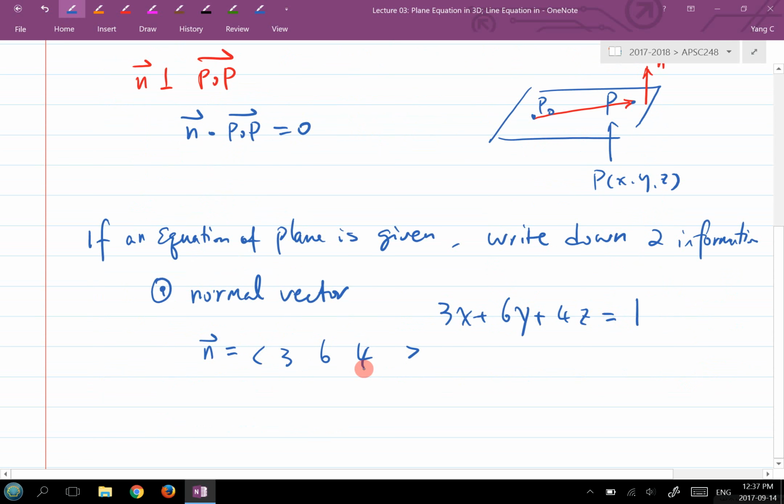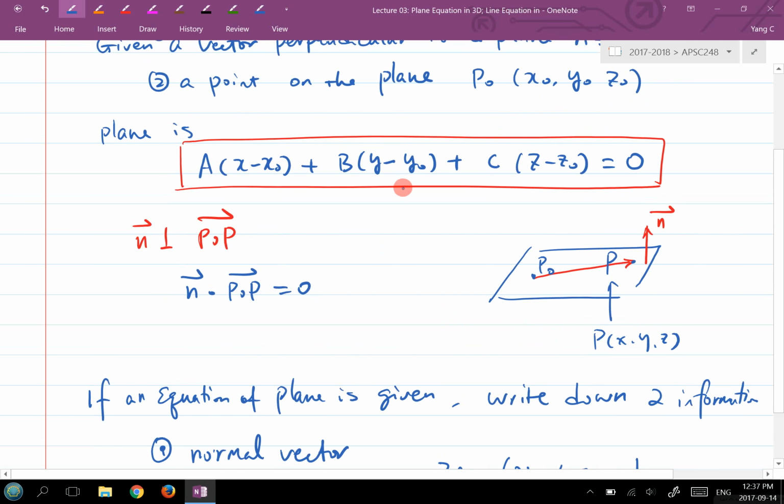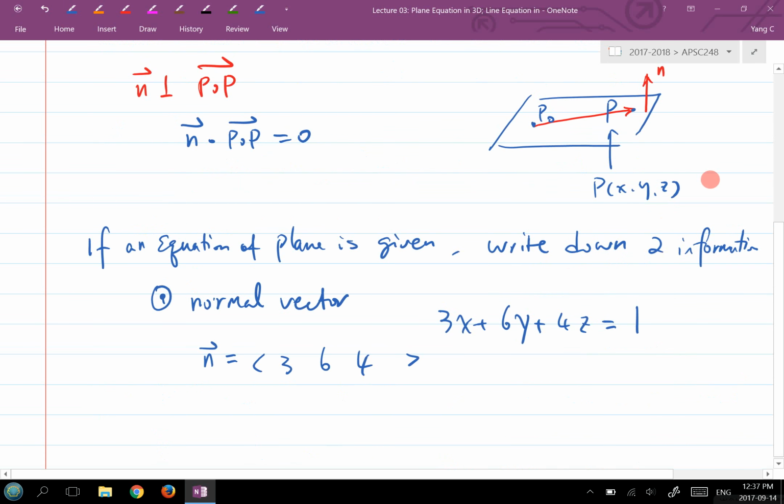Now you might wonder, what you just wrote down is different from this one here. Well, they look different, but they are the same. Remember, at the end of the previous lecture, if you expand all the brackets and move all the constants to the right side of the equation, you get a constant.